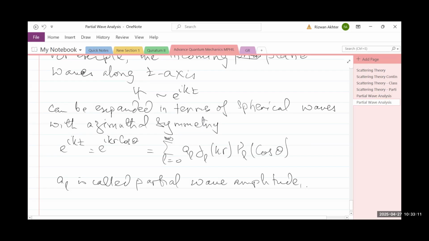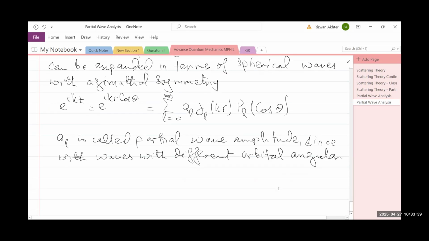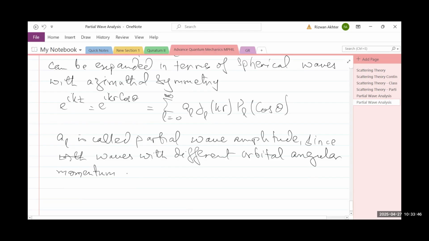And since waves with different angular momentum, different orbital angular momentum L, are different partial waves, so it is named as partial wave analysis.